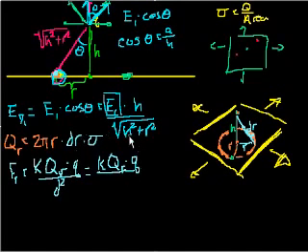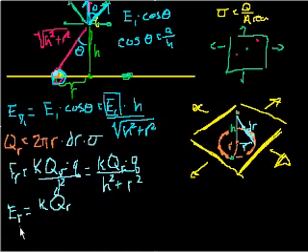Well, the distance is the square root of h squared plus r squared, so if we square that, it just becomes h squared plus r squared. And if we want to know the electric field created by that ring, the electric field is just the force per test charge. So if we divide both sides by Q, we learn that the electric field of the ring is equal to Coulomb's constant times the charge in the ring divided by h squared plus r squared.